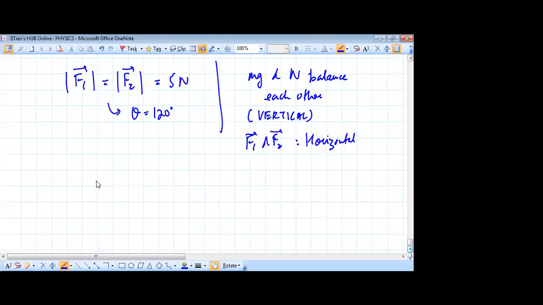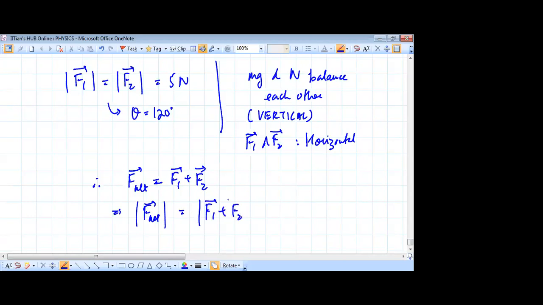So therefore, the net force will be the vector sum of F1 and F2. Because in all there are 4 forces, but out of the 4, normal reaction and mg are 2 vertical forces which are balancing each other. Okay. So the magnitude of the net force will become the magnitude of F1 plus F2.